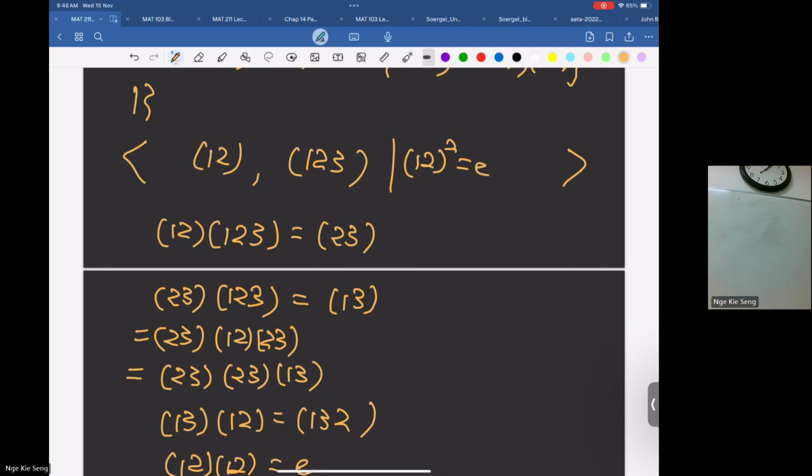What else? We also have 1,2,3 that cubes to identity. So this is the relation also held by this element here. What other relation?